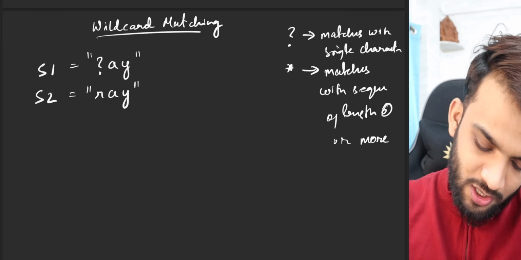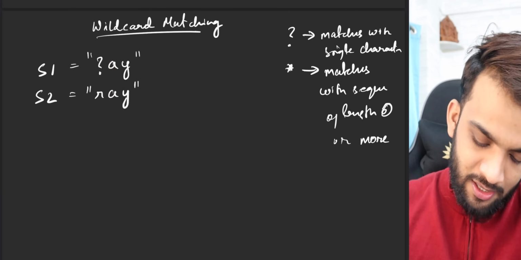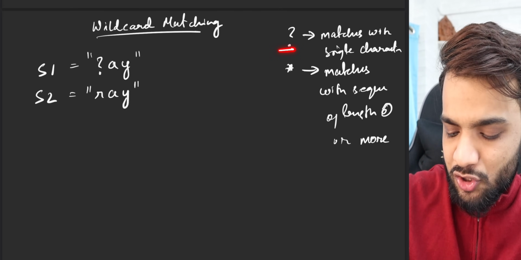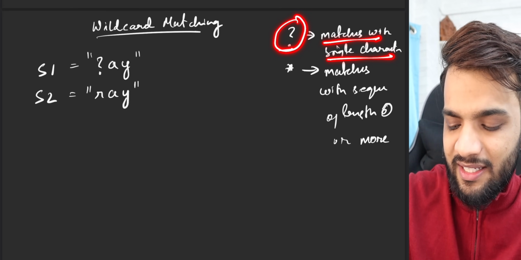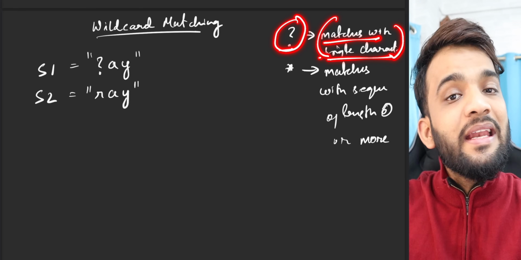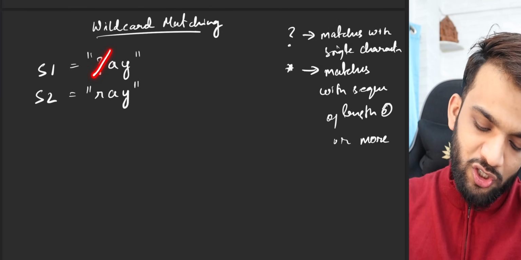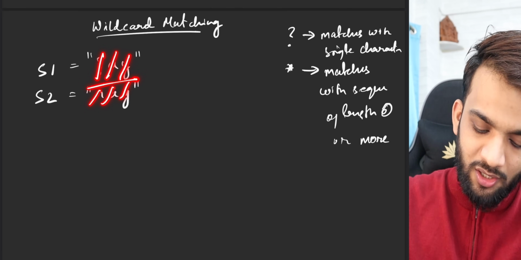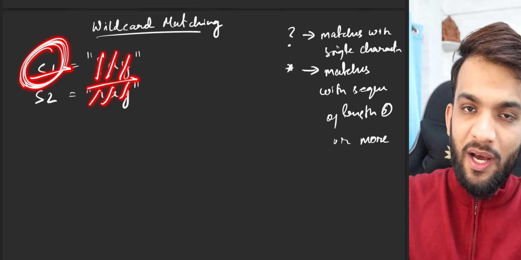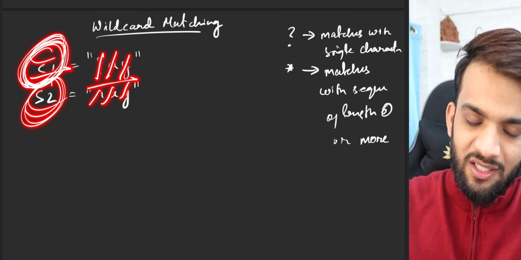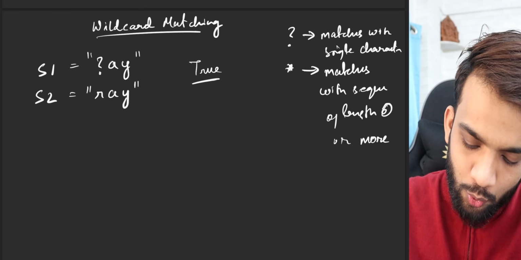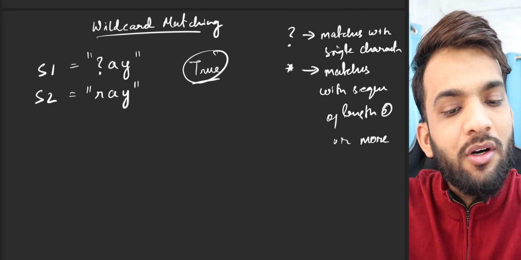Y matches, A matches. This R is with the question mark, and question mark means it matches with a single character. It can match with any single character. So I can say question mark matches with R. So all of these three are matching. Thereby, this s1 is matching with the text s2, so you need to return a true.